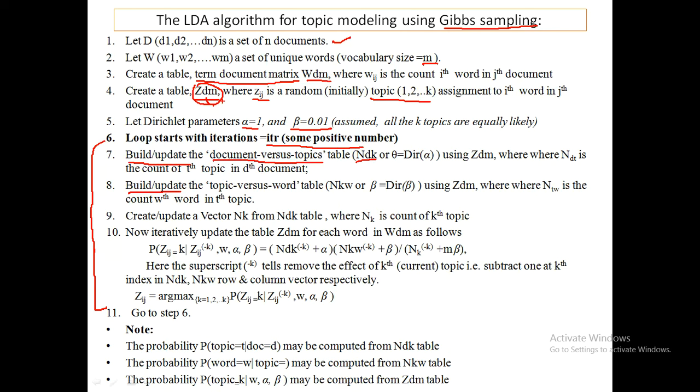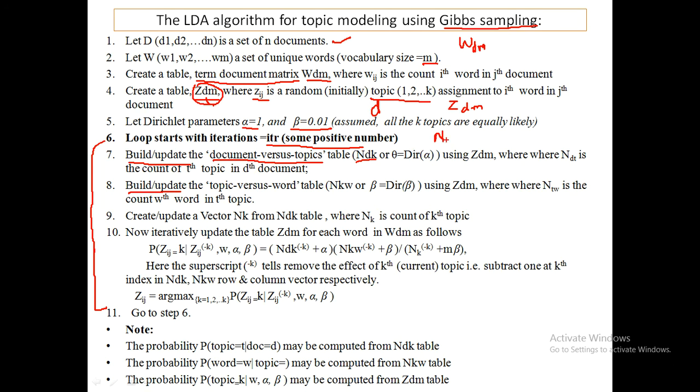So ZDM having the topic number assigned to each word in the documents. The dimension of Z is the same as the dimension of WDM, so D rows and M columns, and Z also has the same dimensionality.